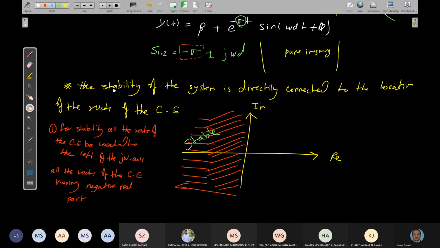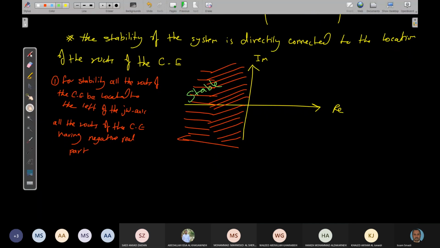Good. Now, what about the instability? At least one root of the characteristic equation is located to the right of the j omega axis.